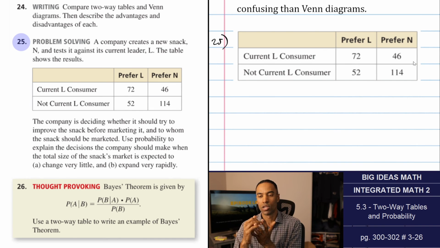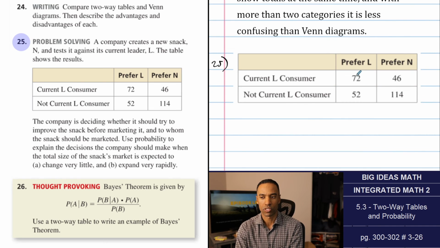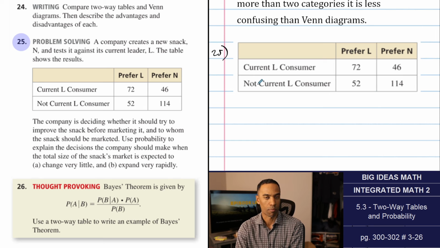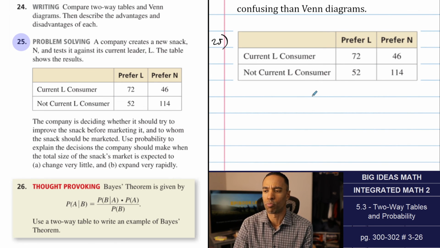So what you want to do is, if it's not going to change very much as far as people and stuff, you really want to hit these guys because they prefer the old snack. They prefer the leader over the new one. So you really want to improve the snack to get them to jump on board. Not current consumers, if the market doesn't change, not current consumers of this one already prefer the new snack. And that's stuff that we have to do with probabilities.